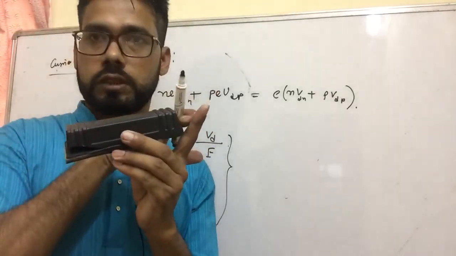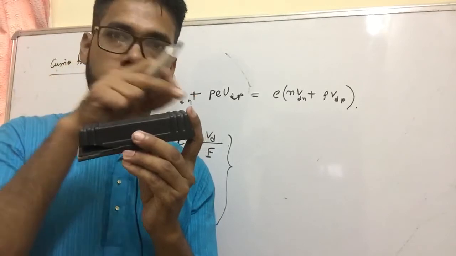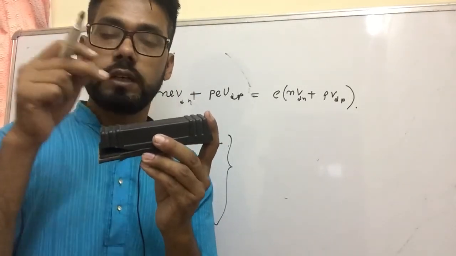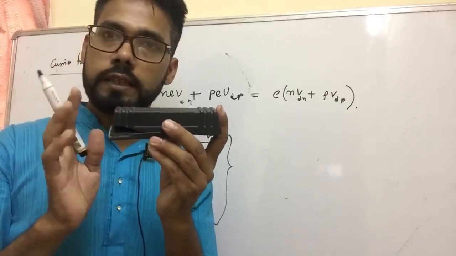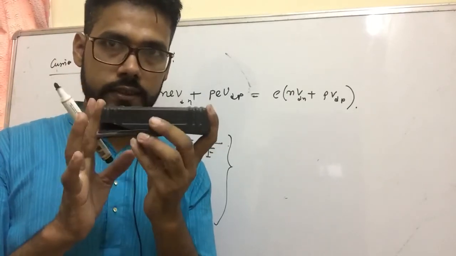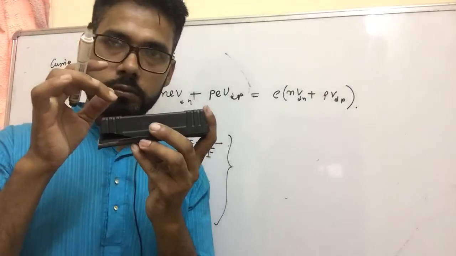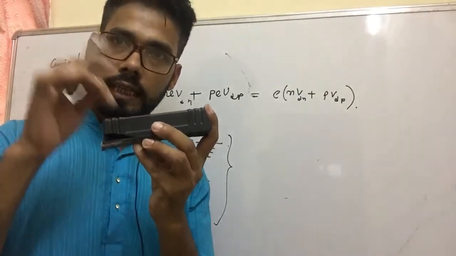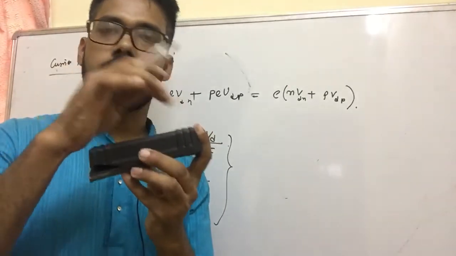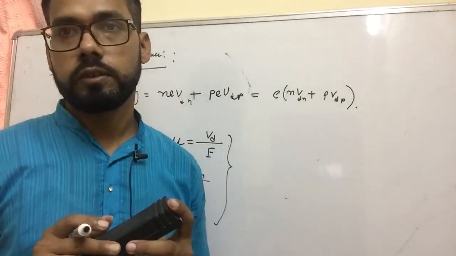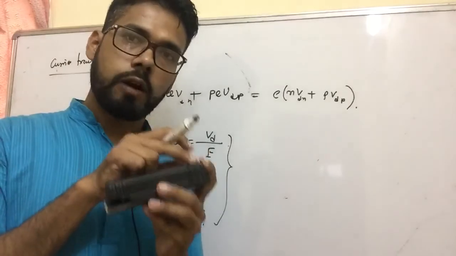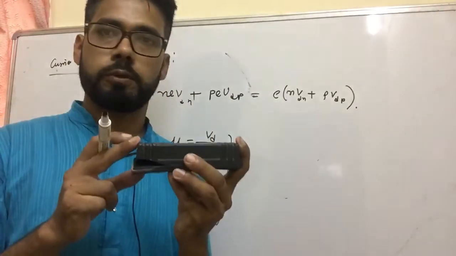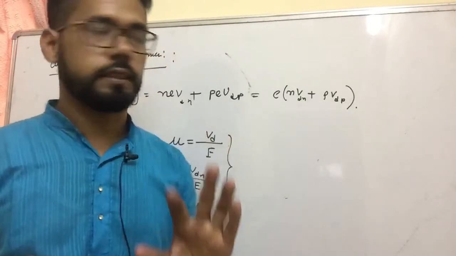Suppose this point is positive. So electrons will move from here to there, toward positive. The mobility measures how well, after application of voltage, this semiconductor transports electrons from here to there. And how fast and how well it transports holes from here to the negative pole. This is measured by the mobility.